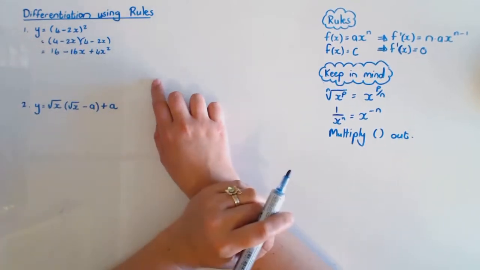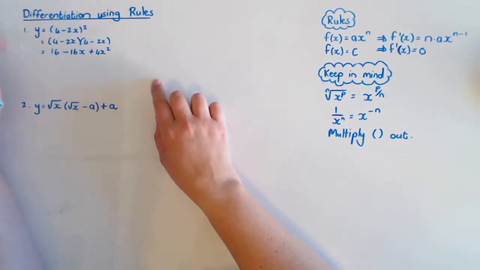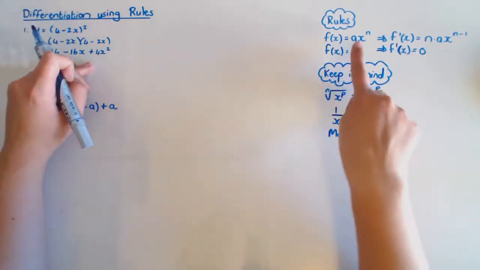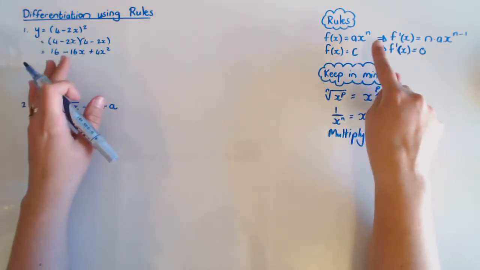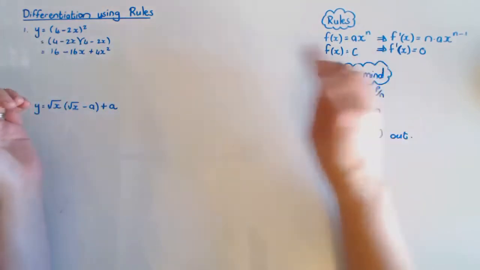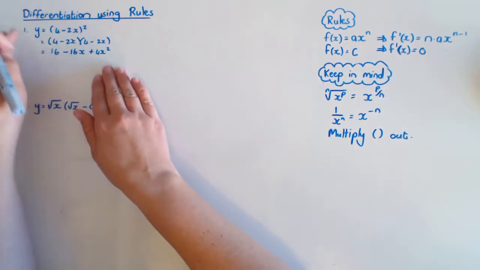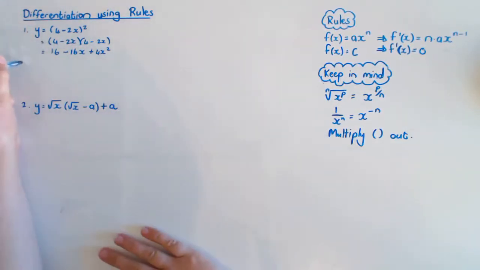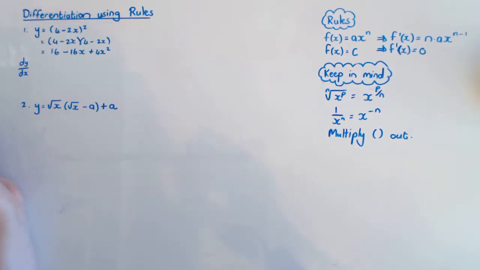Also, please don't write dy/dx here, or f'(x), the derivative, because this is still my function that I'm just manipulating to look more like the form that I'm working with from my rules. So I'm first just manipulating the function. This is still equal to that. After I've done that, then I can find the derivative, and only then do I write either this or f'(x) or whatever.